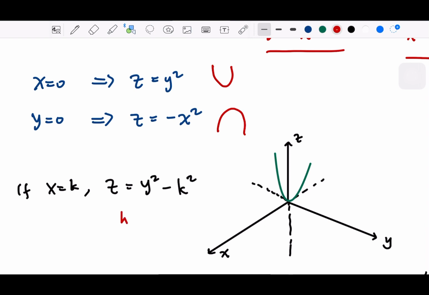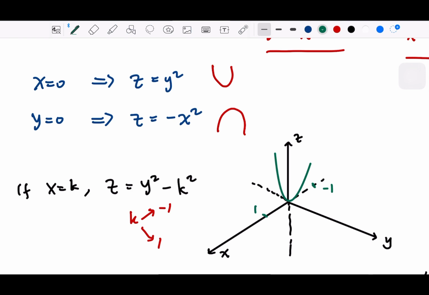Let's say we take the k as negative 1 and 1, right? So we can have at this side negative 1 and 1. So we can have y squared minus 1, right? So we are going to move the graph downward 1 unit, right?